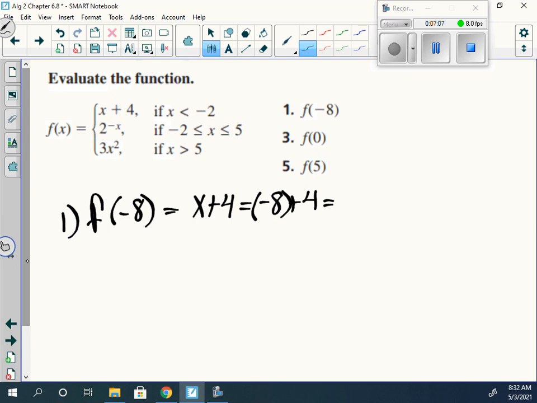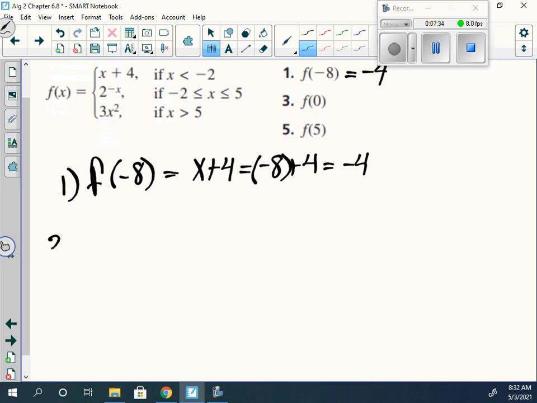And what is negative 8 plus 4? So f of negative 8 is negative 4. Any questions on this here?